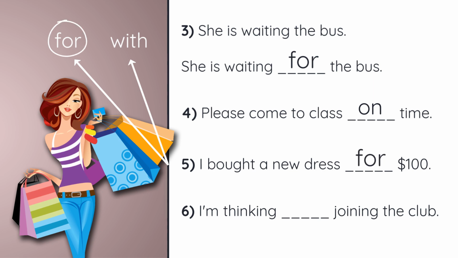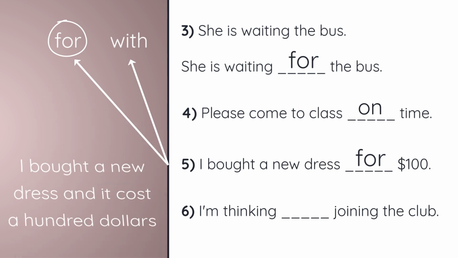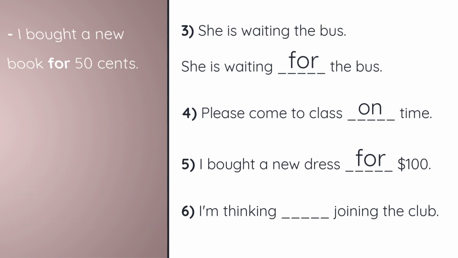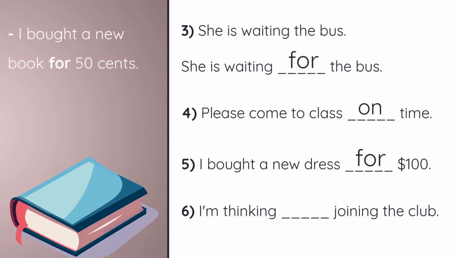What you're saying in this sentence is, I bought a new dress and it cost $100. I bought a new book for 50 cents. I bought a new purse for $200. Okay? So when we are talking about buying things and we are talking about money, we use this preposition, for.